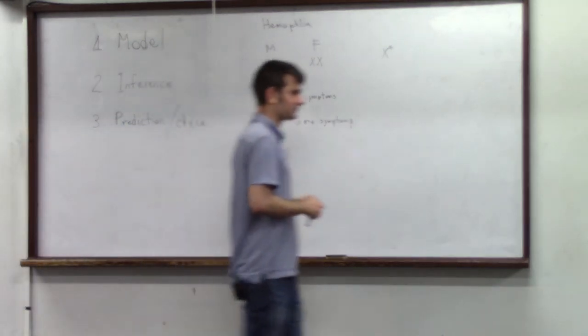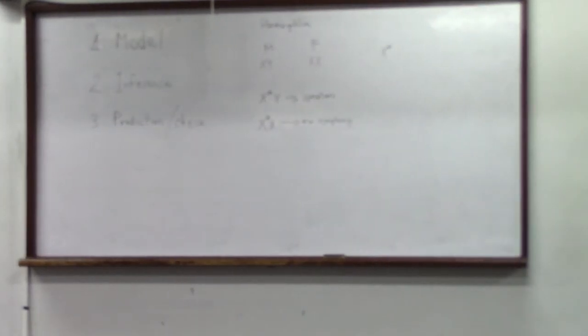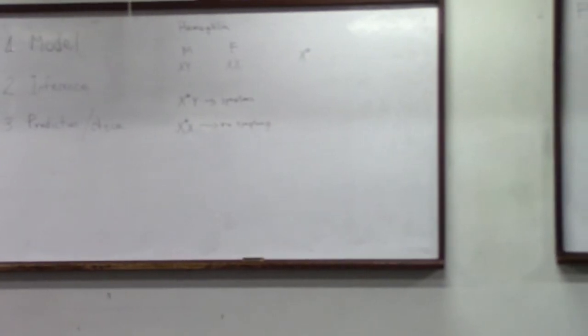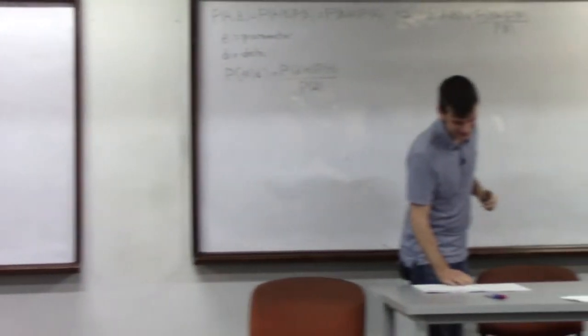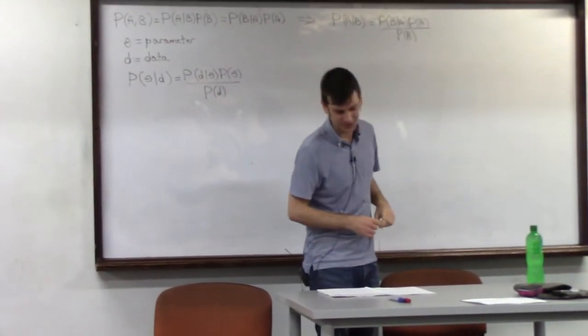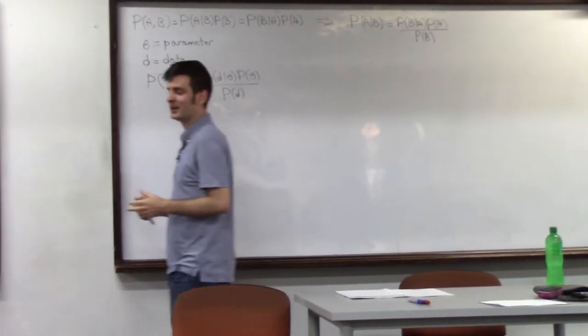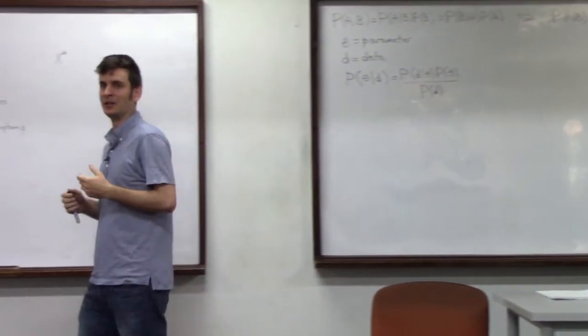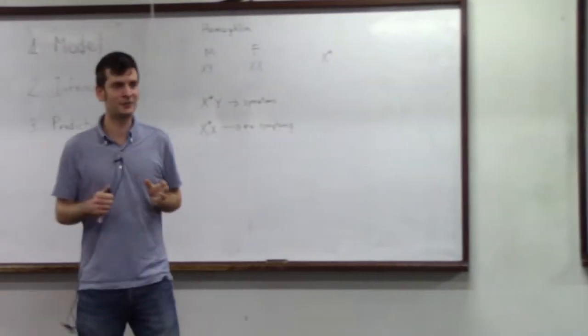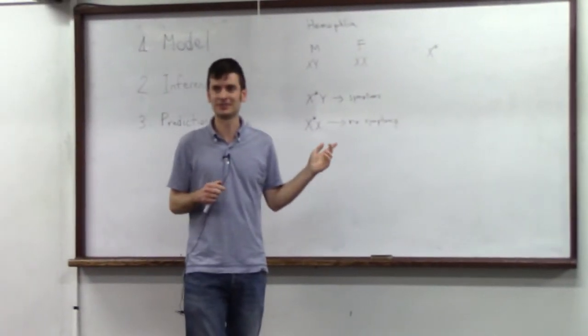And now I have to consult my notes because I don't want to make any mistakes. So the problem is the following. We have a woman with a brother who's affected by this disease.